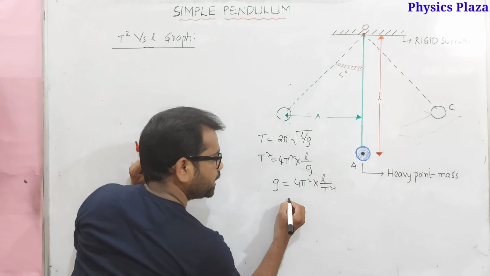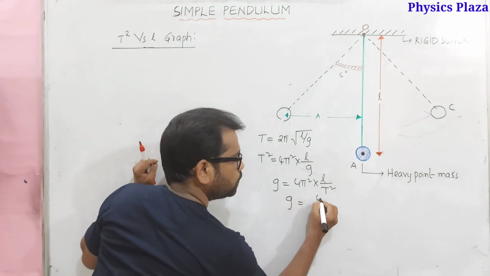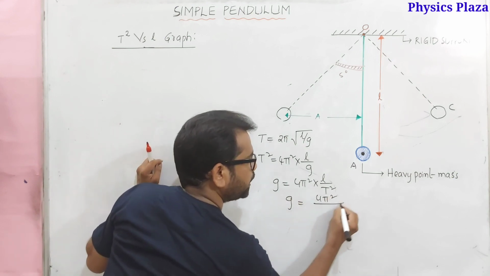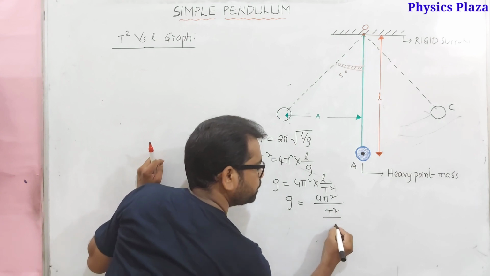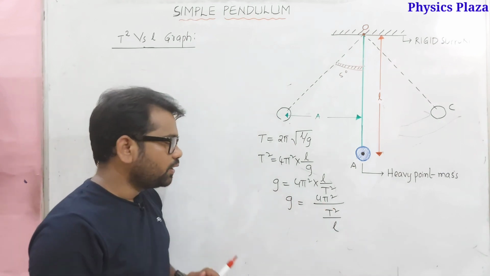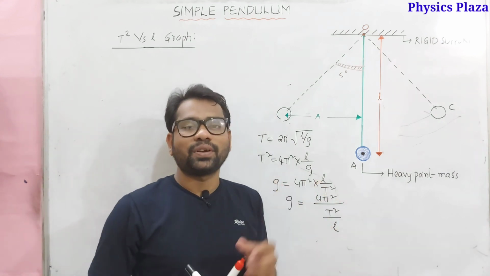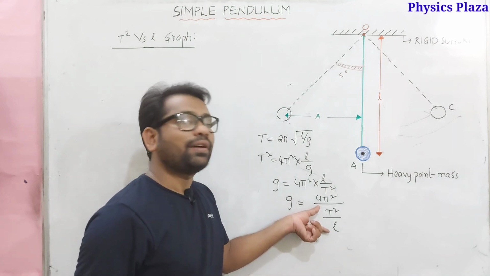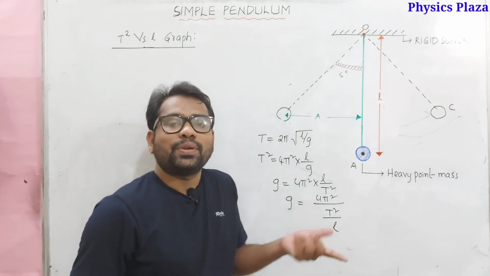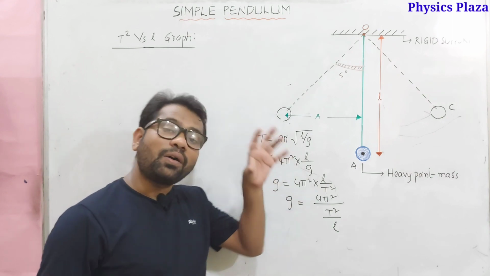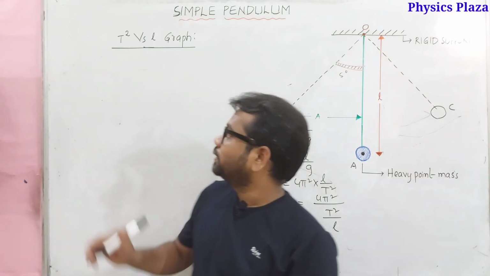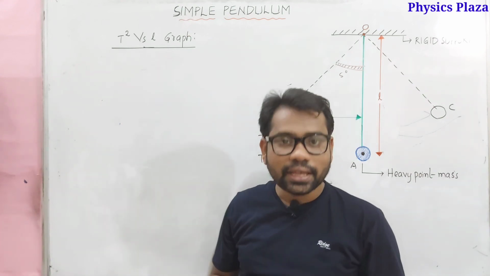This can also be written as G is equal to 4 pi square by (T square by L). Here 4 and pi are constants only. If you know the T square by L value, obviously we can get the G value. But how can we get the T square by L? That is from this T square versus L graph only.